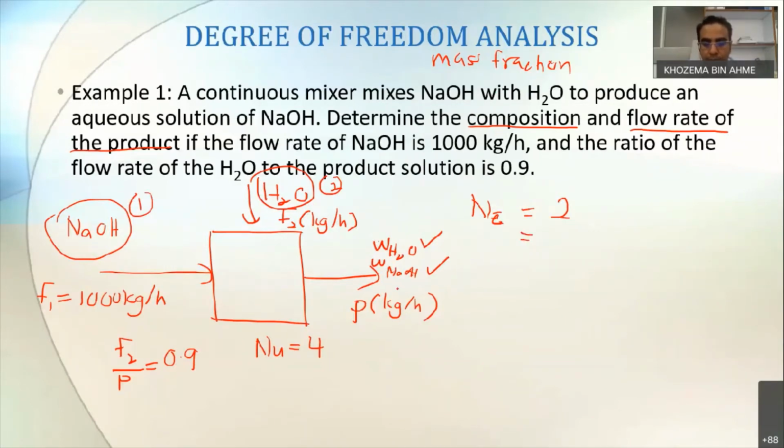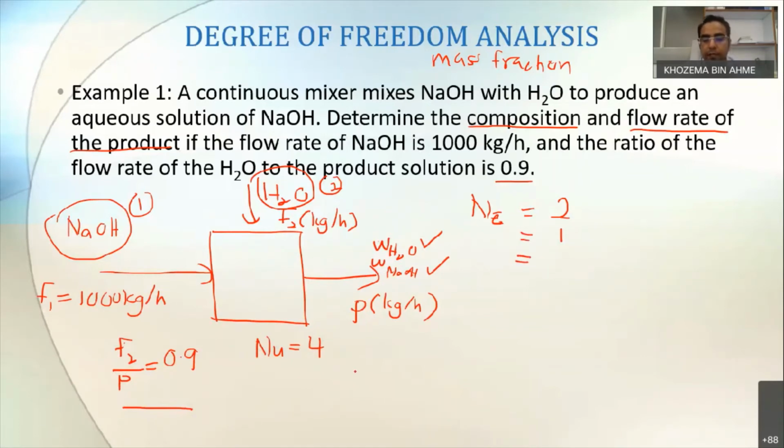What other information do I have? I have an explicit relationship. I've labeled it here. I know that F2 over P is equal to 0.9. So this is also an independent equation. So I have another independent equation. What else do I have?